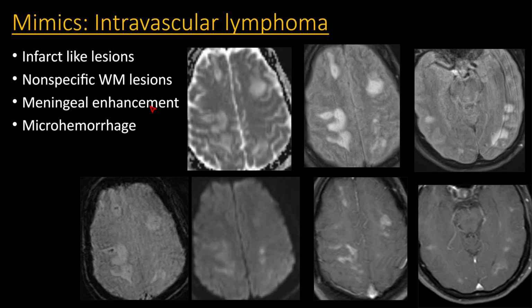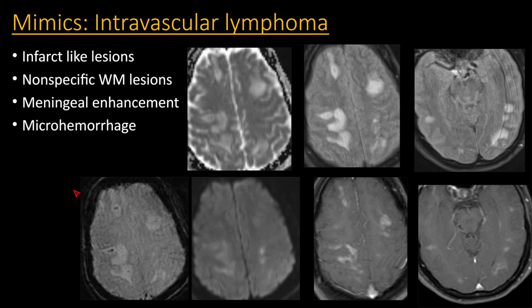Now, every time you have 11 cases and come up with 4 or 5 different patterns, you just know that means that the condition is pretty heterogeneous, and that's exactly what intravascular lymphoma is. It's pretty heterogeneous. Some of the things they saw was infarct-like lesion, non-specific white matter lesion, meningeal enhancement, and microhemorrhage.